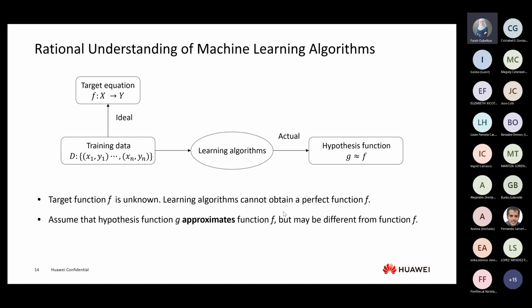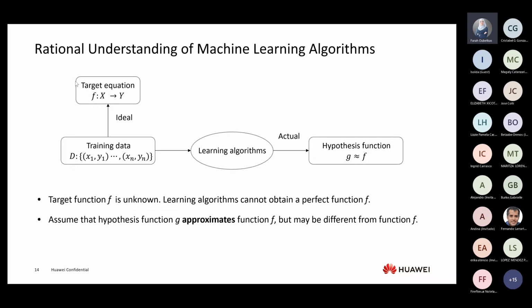Here they explain a little bit about the process of machine learning algorithms. As you can see here, we have the target equation. We have x, and we want to predict f(x) or y. This is the training data, and we choose our learning algorithm, and we have a hypothesis function, which is g. The target function f is actually unknown.